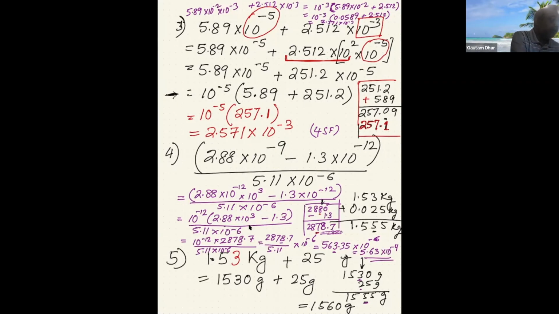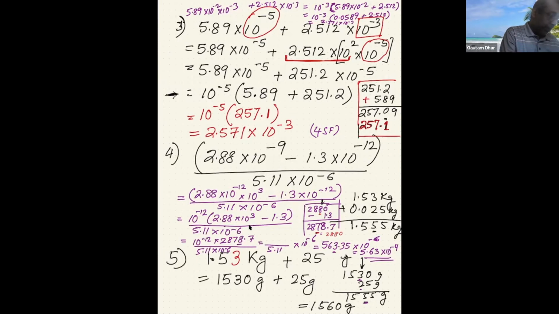So if I do that, that means this number is actually 2880. So I erase this one.